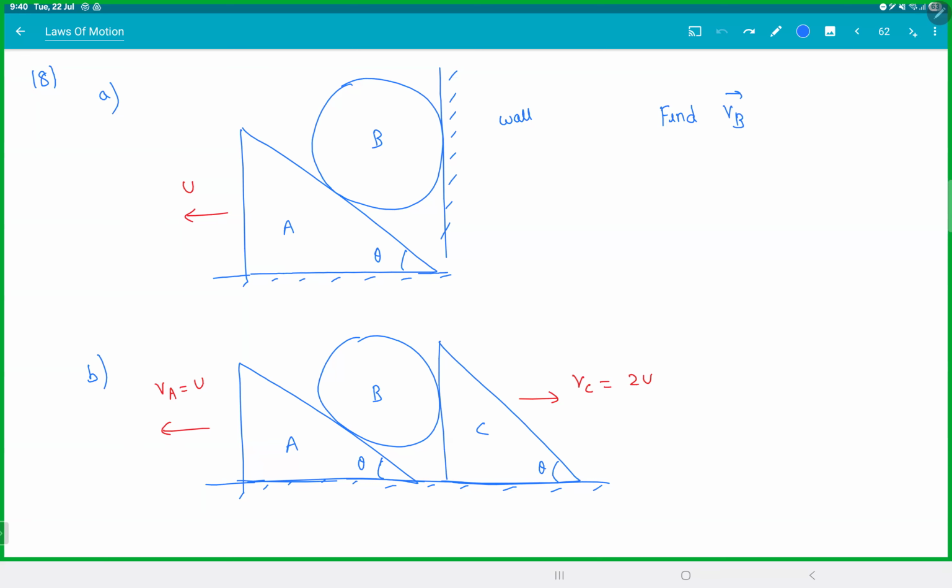U plus U minus U. And let's see the first part.